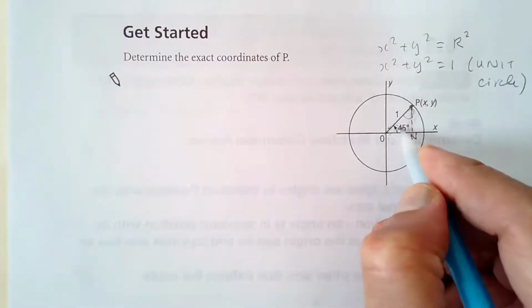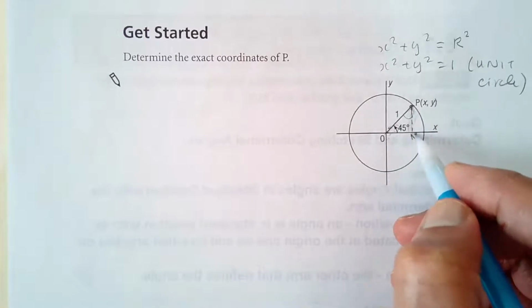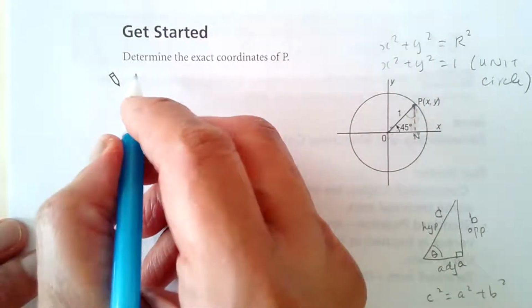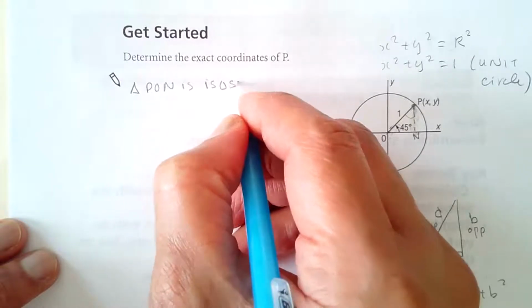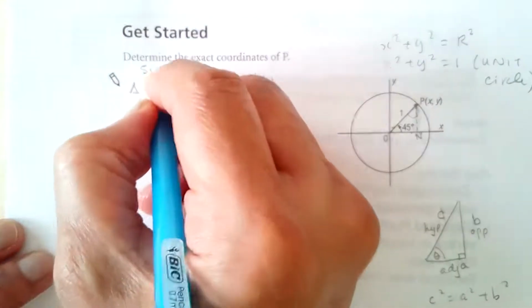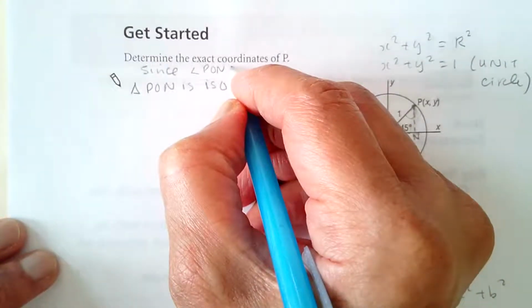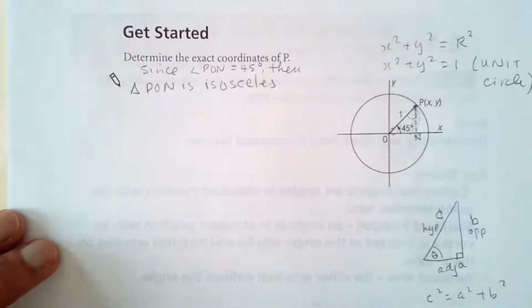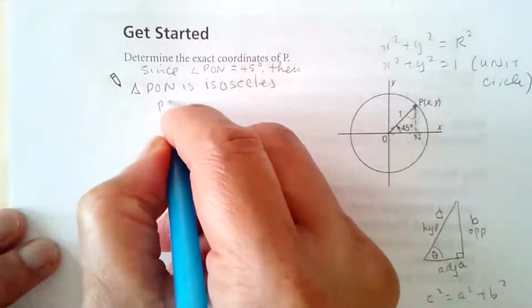So since angle PON is 45 degrees, then triangle PON is isosceles. Therefore, PN is equal to ON.